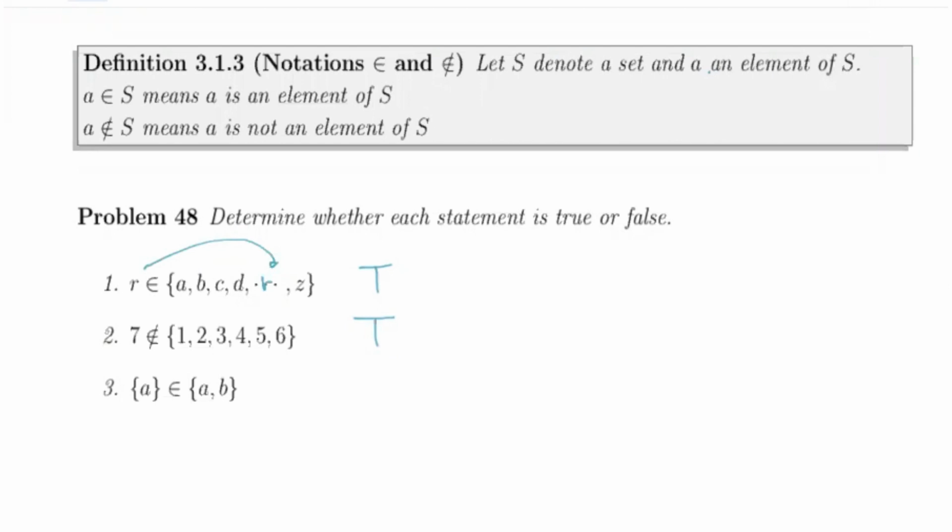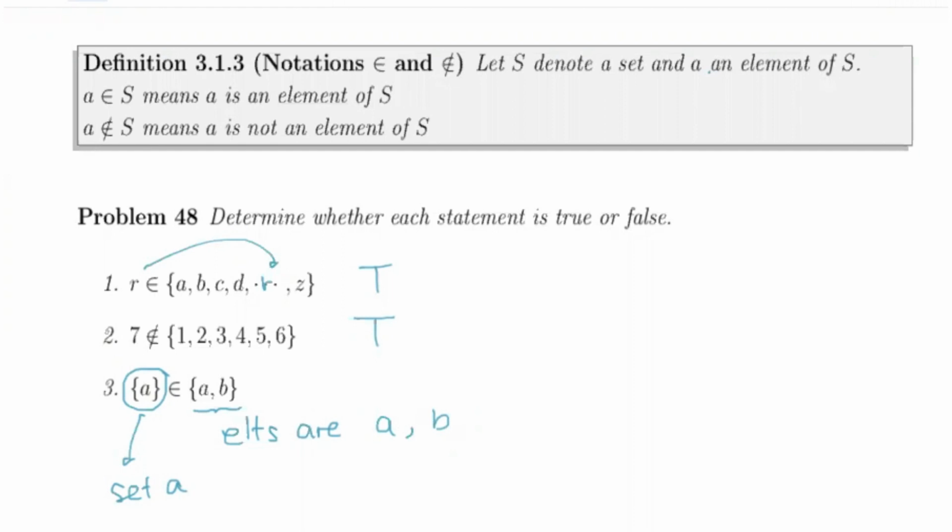Egan? I honestly didn't understand this one. Okay, you have a set AB. So Egan, what are the elements of set AB? A and B. A and B. Okay, now this, we read this as set A. Is set A an element of set AB?